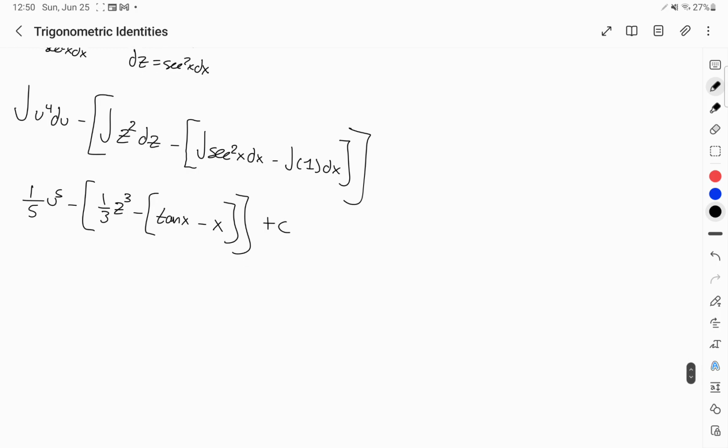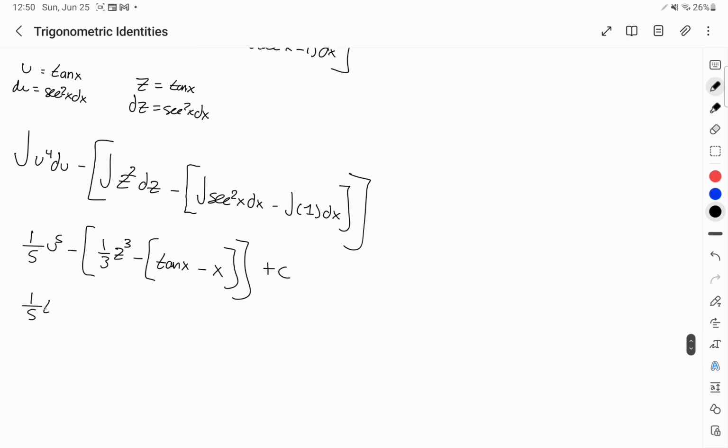Because it is an indefinite integral, we must always tack on that c. And so substituting for u, we know that u is tangent, so we have tangent to the 5th of x minus 1/3 tangent cubed of x minus tangent of x minus x.